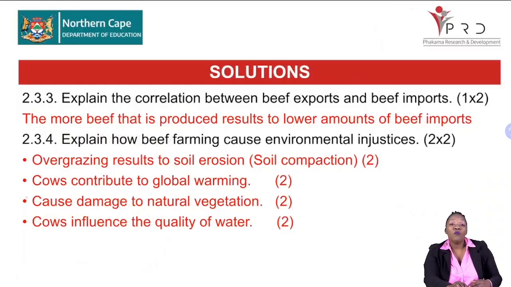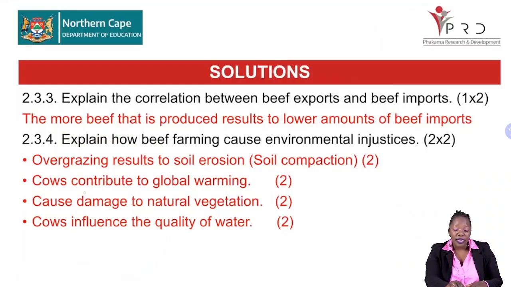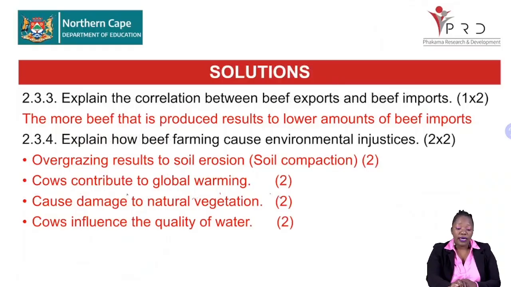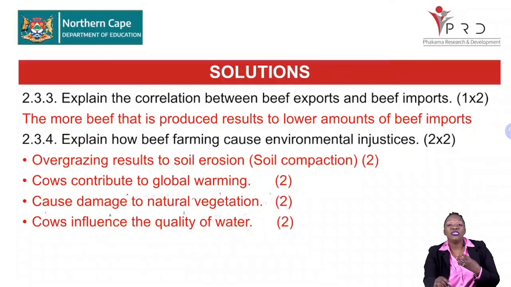Then secondly, we're looking at the cow that will contribute to global warming. Again, we have learned in grade 10 that the cows also contribute to global warming. And then we're looking at the cows which will damage the natural vegetation. We still need that natural vegetation to lower the causes of global warming or also to decrease the temperatures.